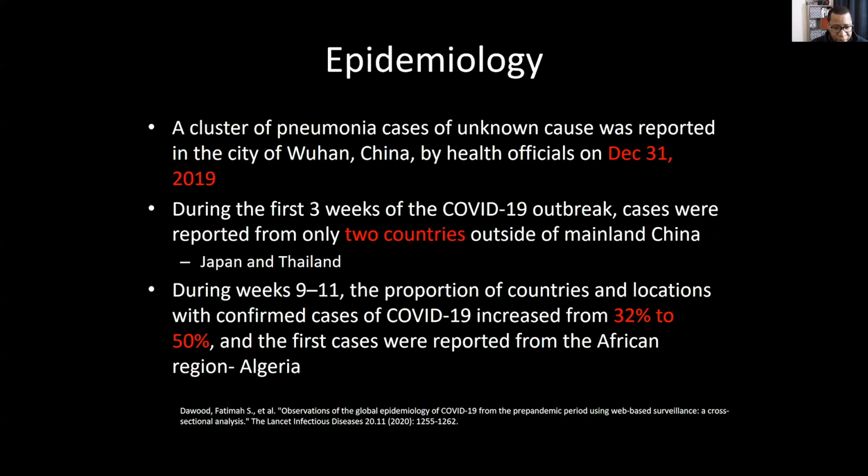However, during weeks 9 to 11, the proportion of countries and locations with confirmed cases of COVID-19 increased from 32% to about 50% of countries in the world. And the first cases in Africa were reported during this time, about 9 weeks after the start of the pandemic, in Algeria.